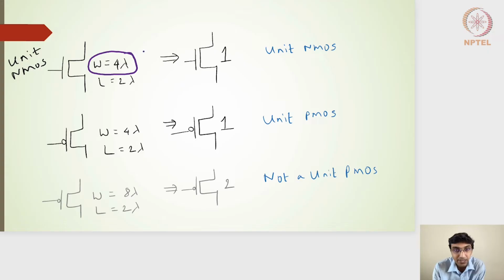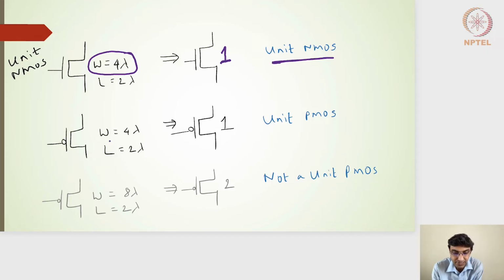So 4 lambda will be 100 nanometers. That is our unit NMOS, which we write as 1. An NMOS transistor with the label 1 represents a unit NMOS.